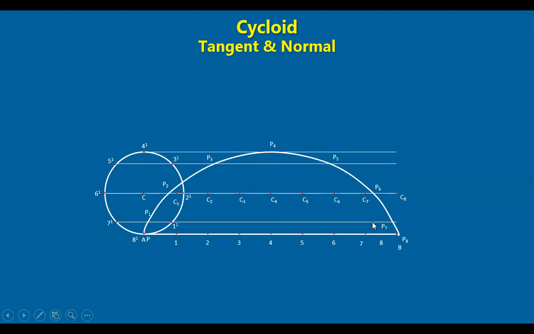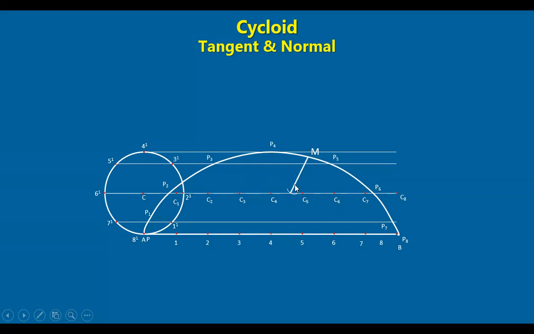I want to draw the tangent and normal at some point on the curve. We have taken some point M here. From that point, draw an arc with the radius of the circle as radius onto the center line. So with this point M as center, we draw an arc cutting the center line. From this point, draw a vertical.